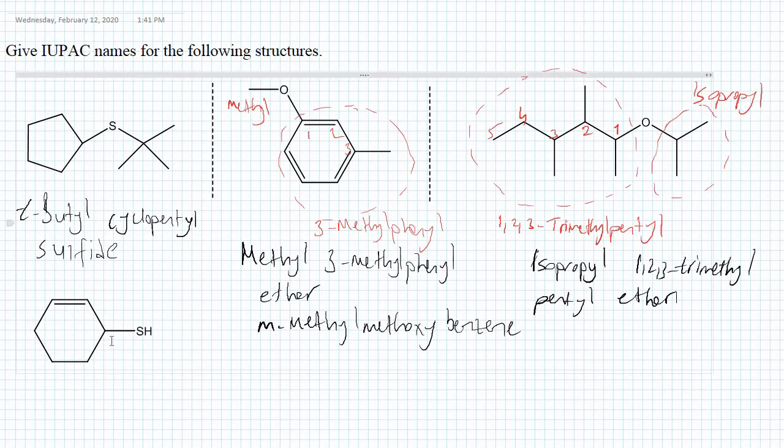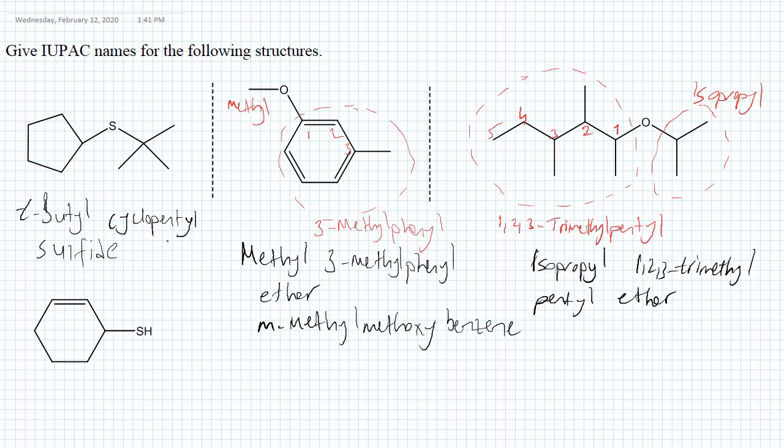Okay, let's move to the next molecule. The next molecule is an RSH, so it's a thiol basically. So how do we name thiols? Basically we name the corresponding alkane, then thiol. Since this is an alkene, we can say alkene thiol. So let's look at what's the name of the alkene group here.